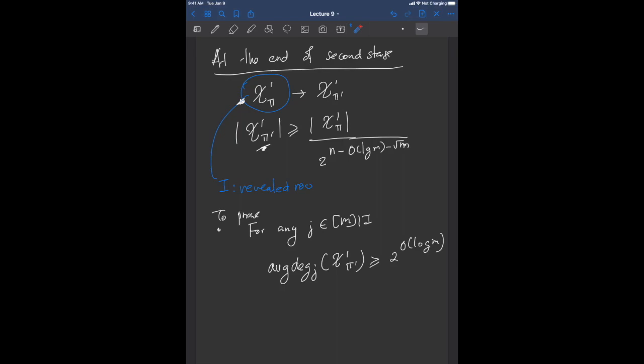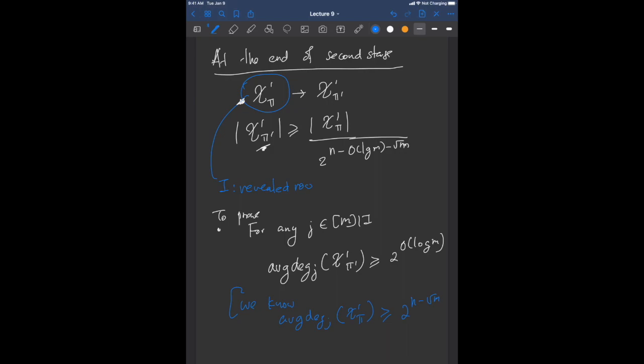To understand this, we have no handle on the average degree of this set, right? But we have some handle on the average degree of x dash pi. So what do we already know? We know that the average degree j of x dash pi, which is the cleaned up thing from the first stage, was at least 2 to the n minus square root m.